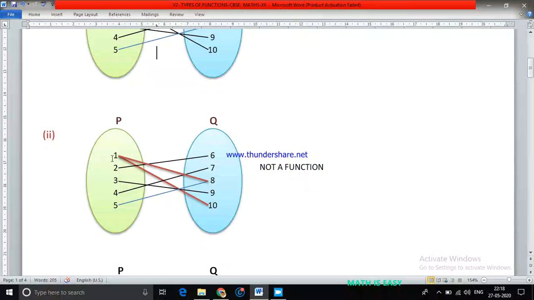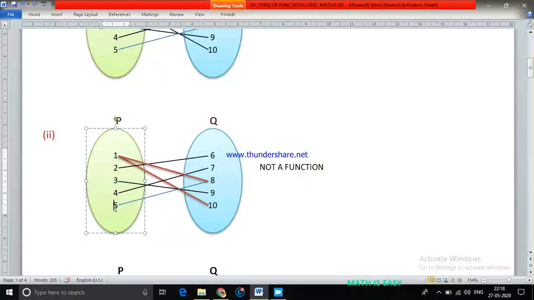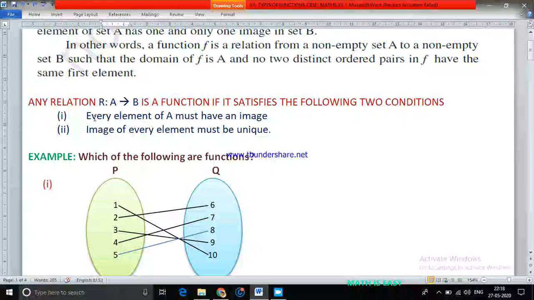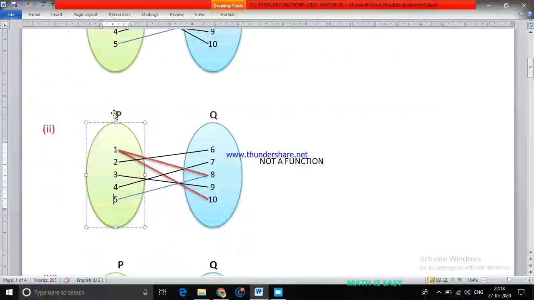If I look at every element of P, 1, 2, 3, 4, 5, each and every element has an image, so the first point of the definition is clear: every element of A must have an image. But what does the second point talk about? That the image has to be unique. As I said, 1 has an image with 8 and 1 has an image as 10.